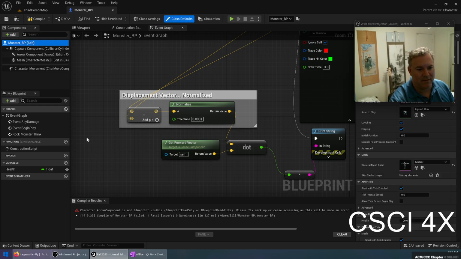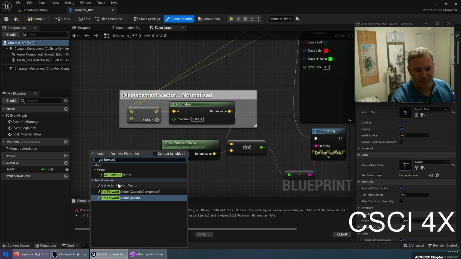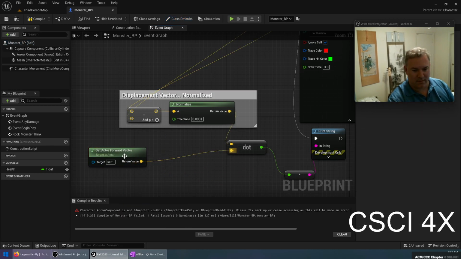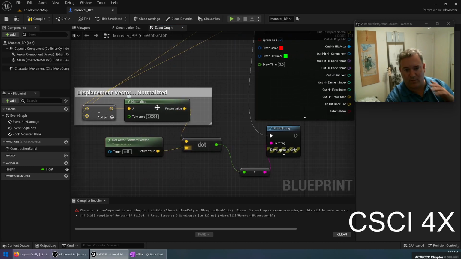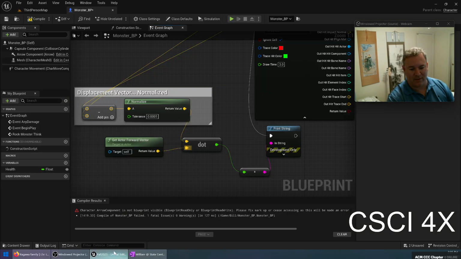Monster VP, and let's get forward vector. Get actor forward vector. Let's try that one. There. Yep. So we're going to get our forward vector and dot product it with the normalized. This is our forward vector here. That's our forward vector. This is the normalized displacement vector, and we're just going to print the results. So we're not going to do anything with it yet.